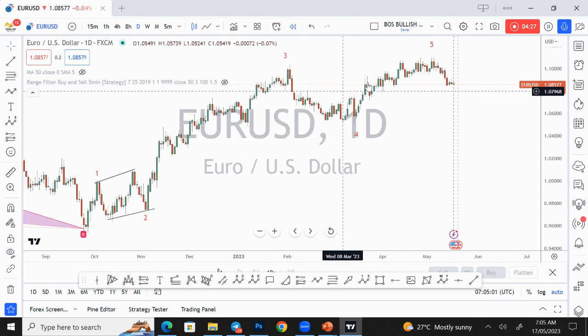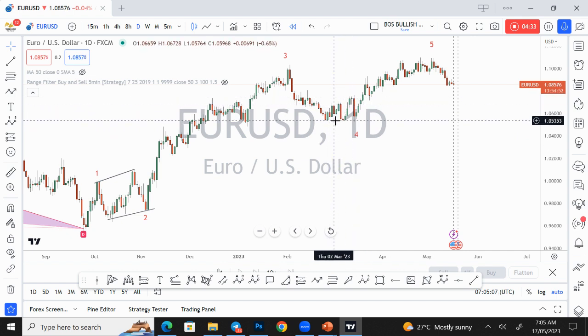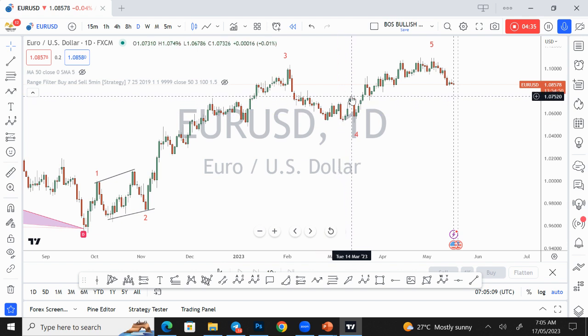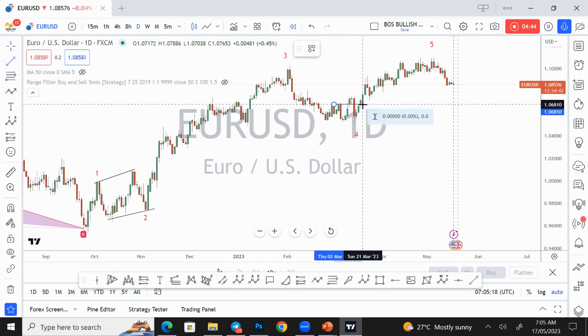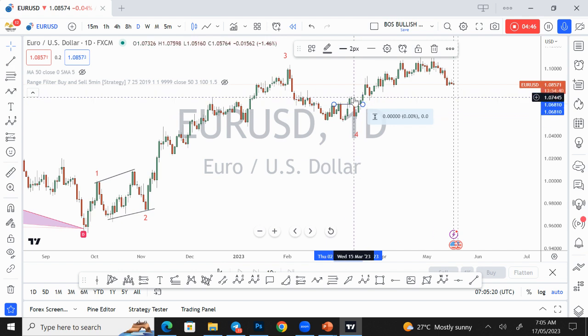Now we can see this bearish candle before we had a break of a change of character over here. Before the structure broke over here, this was the last bearish candle, so this becomes the order block.